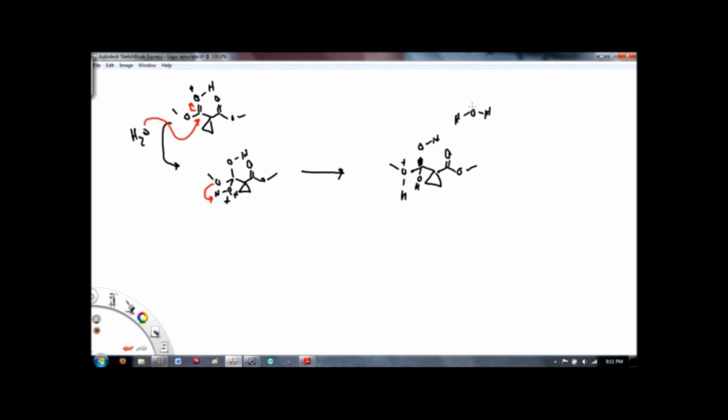This water now can come in here, grab this hydrogen, this can collapse, and rather than kicking out our OH, we're going to kick out that, and that's going to give us, let's see if we can draw everything here, this: there's our OH, there is our cyclic system, there is our methoxy, and now if we just add everything up, we're also going to have plus, that's our methanol, and we can see here that we also have our H3O+.